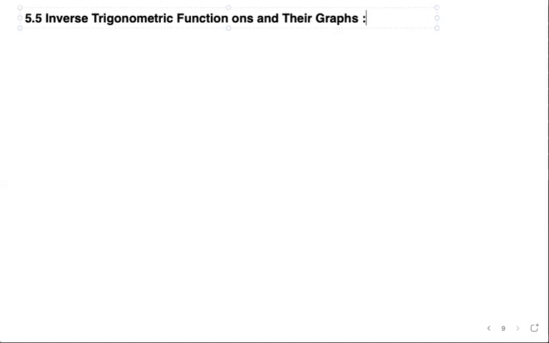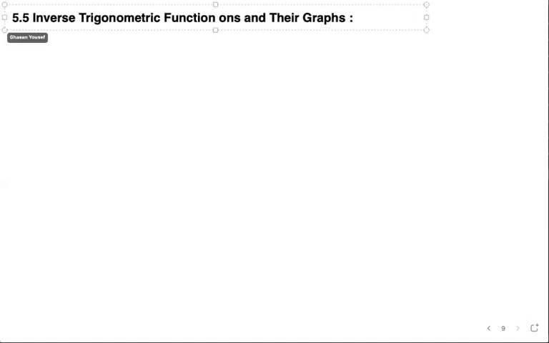So now we're going to see how the inverse works for the trigonometric functions.